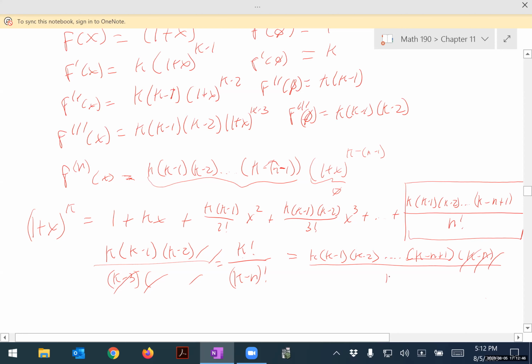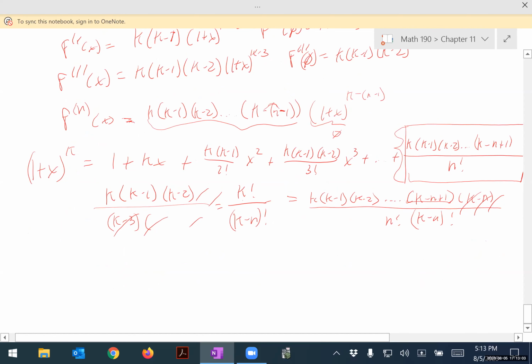And so that just becomes n factorial times k minus n factorial to get this whole thing. All of that is a formula we already have from probability. It's all to say that we have this formula from probability already. That is k factorial over k minus n factorial times n factorial.